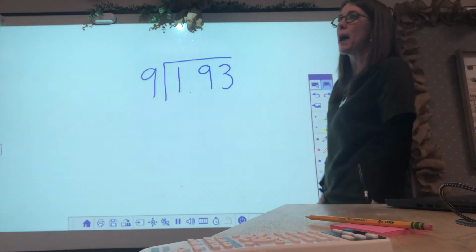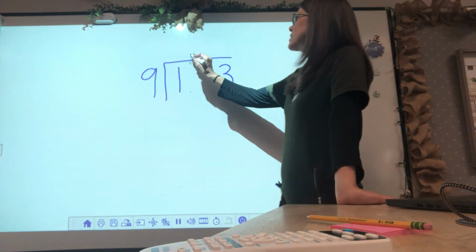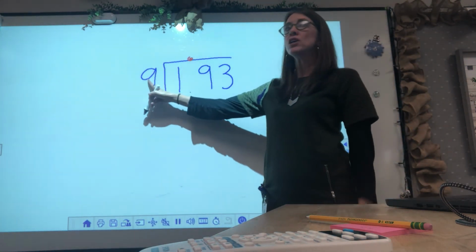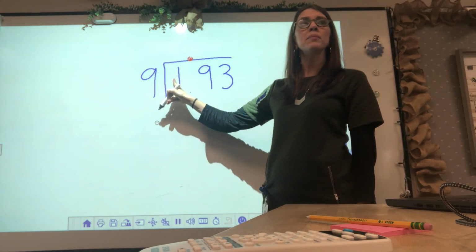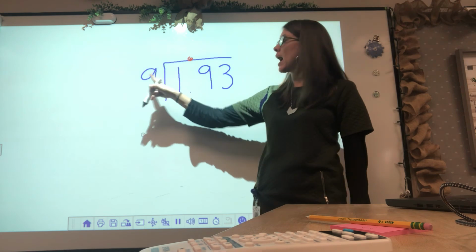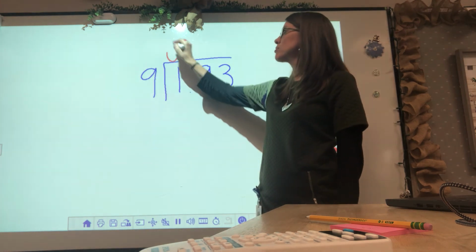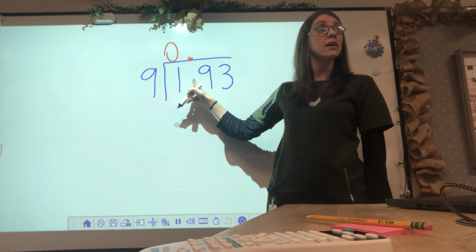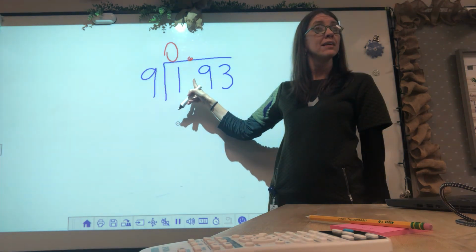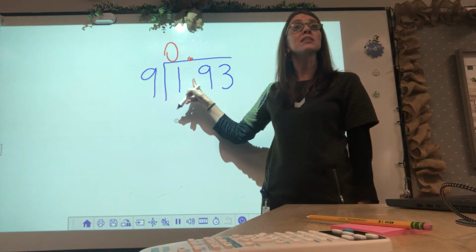What's my first step? Put the decimal up. Does 9 go into 1? No. Okay, all eyes up here, especially if you didn't get it right. 9 goes into 1 0 times. Does 9 go into 19? It sure does. And how many times? Let's make it compatible.